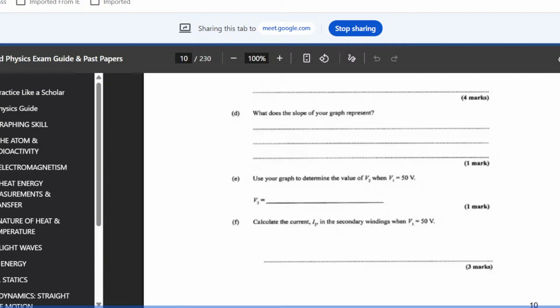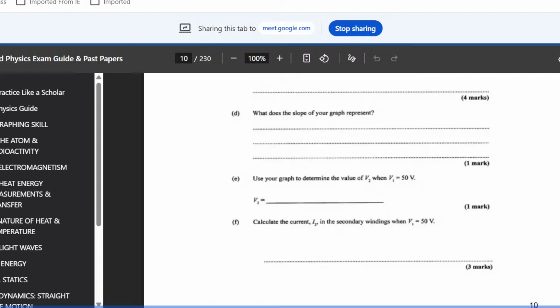All right, so I don't think we can do A since we never did the graph. You would have to do the graph to do E properly. But we could use the value that we just got.